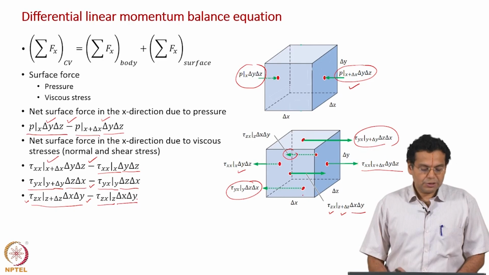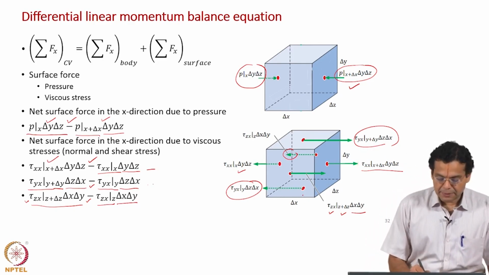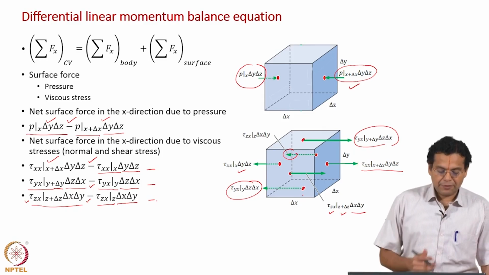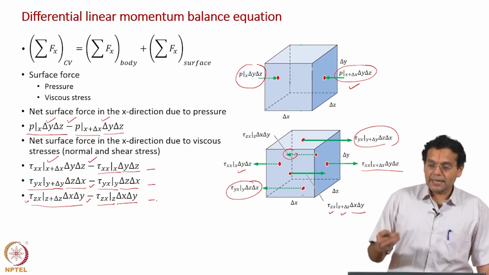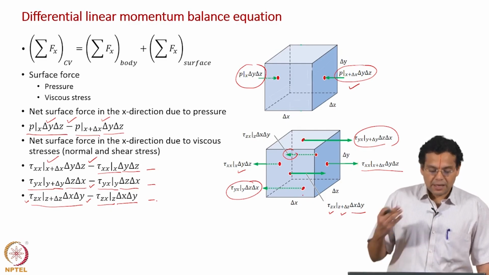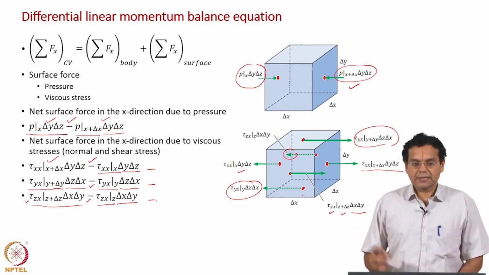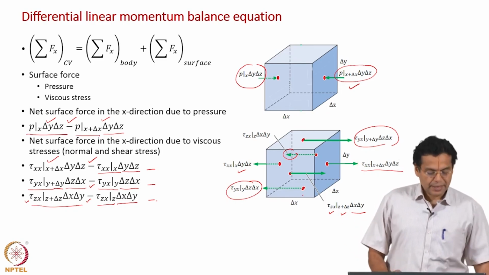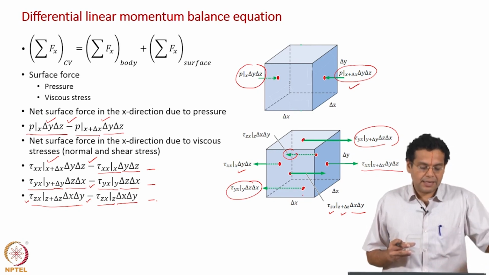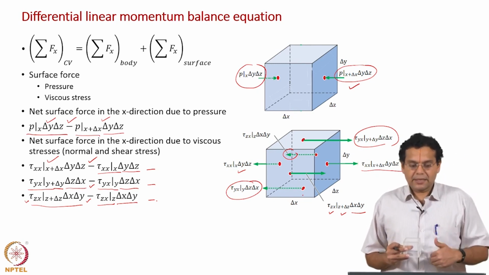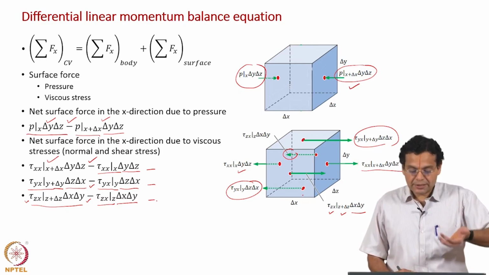Okay. What you should note clearly here is these expressions we have, for example, if you take the normal stress, it is at x plus delta x minus at x, because on the positive x face it was along the positive x axis, on the negative x face it was along the negative x axis, that is why it is tau xx at x plus delta x minus tau xx at x.